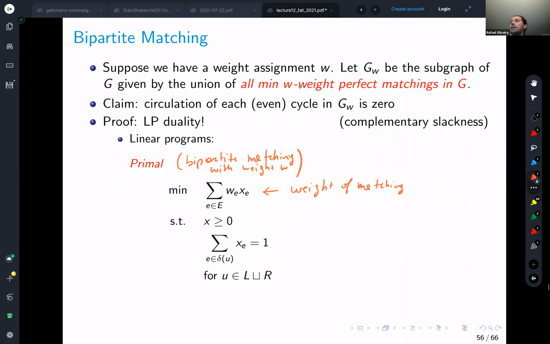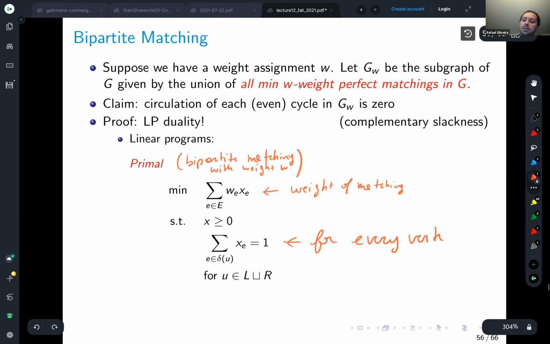And x_e is essentially capturing that we're going to pick one perfect matching. And we know that for every vertex, we will take one edge, because that's the matching condition.